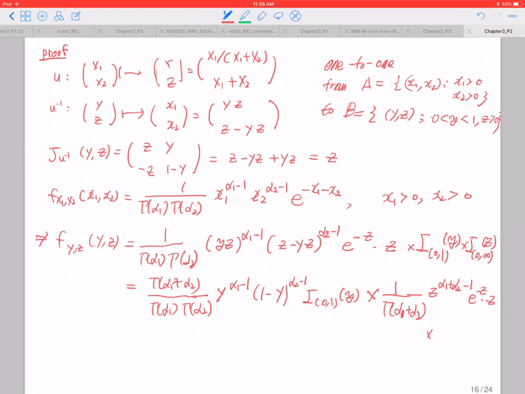Times, sorry, minus 1, so z is no longer here because minus 1 times minus 1, we have the alpha 2 minus 1 and e to the minus z times the indicator of z in 0 to infinity, okay?